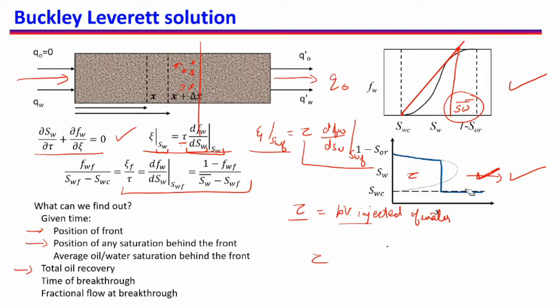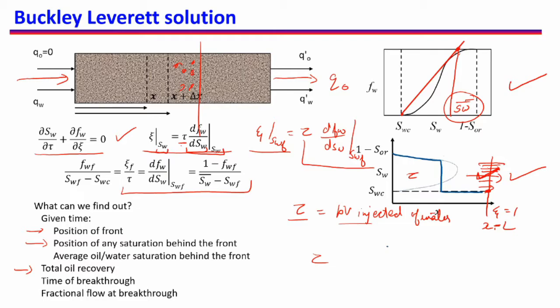Because at x equal to L, or xi equal to 1, our saturation of water is SWC, and at SWC water does not move. So the only fluid that is moving at xi equal to 1, or x equal to L, is oil. So we are flowing only oil at this point, so we are producing only oil.